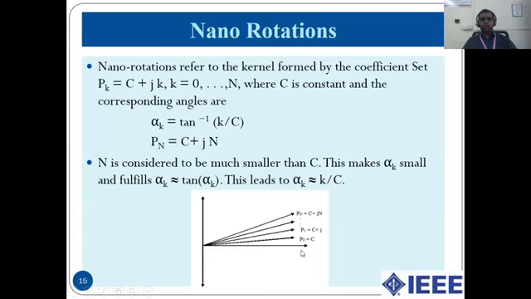This is how different kinds of nano rotations are formed based upon different values of alpha, and n is considered to be much smaller than c. This makes alpha k small and fulfills alpha k is equal to tan of alpha k. This leads to alpha k simply equal to k by c.